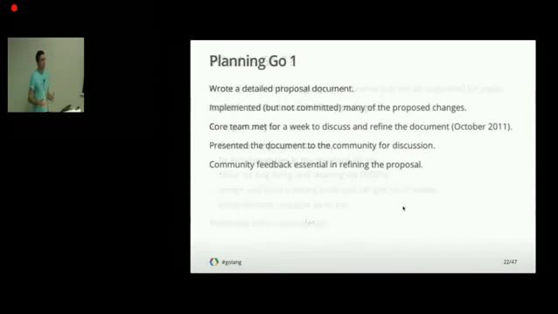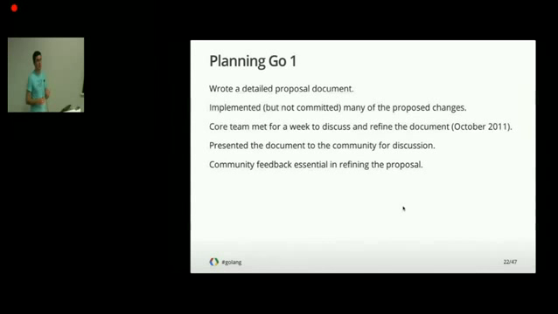So the planning process for Go 1 began with a proposal document that we worked on amongst the team, where we listed all of the things that we had thought about and proposed solutions to those problems. And there were many different approaches in several cases. Importantly, we prototyped all of those changes.